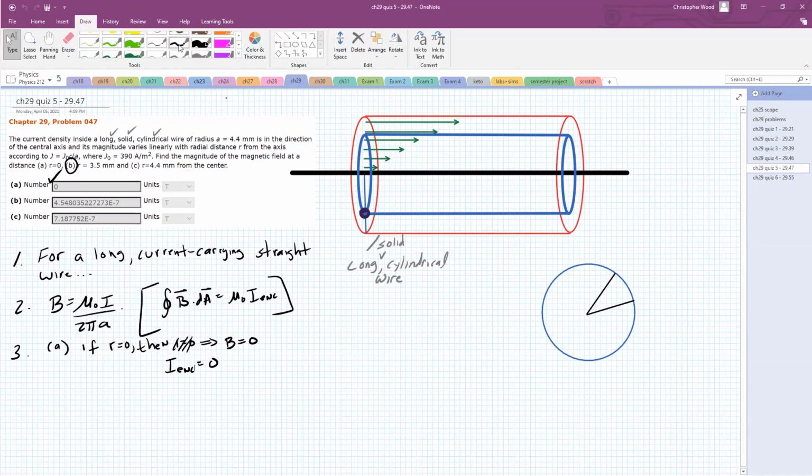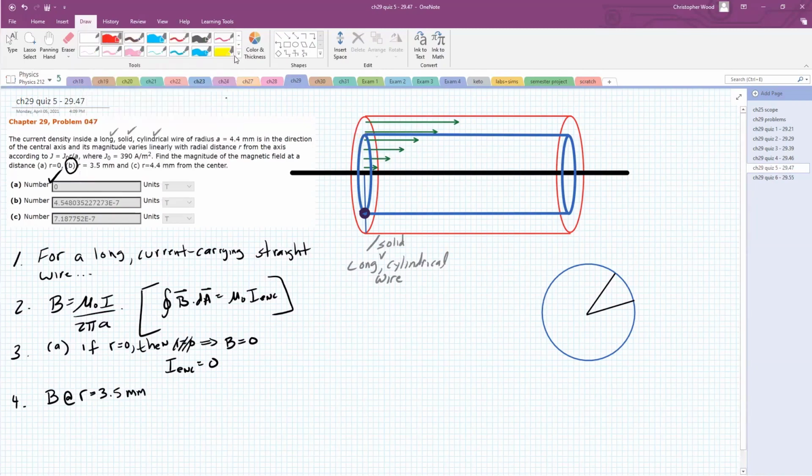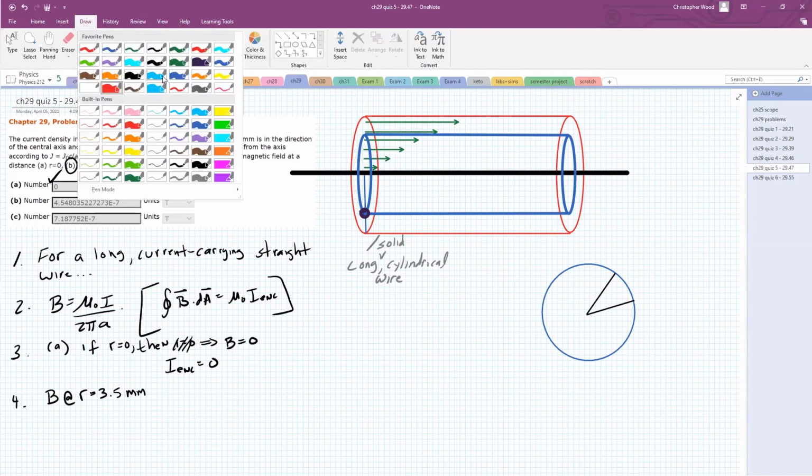Part B: what's the magnetic field when Probert is at a distance of r equals 3.5 millimeters? So let's just say Probert, for the sake of conversation, is standing right here.